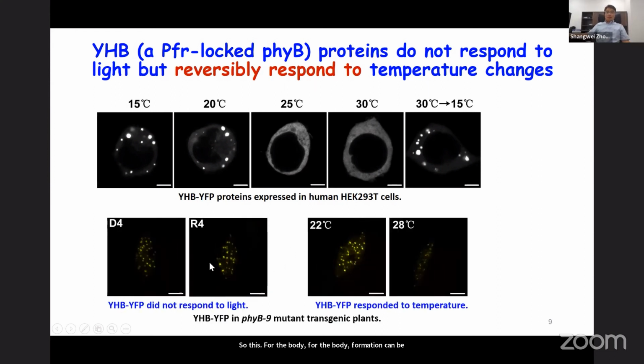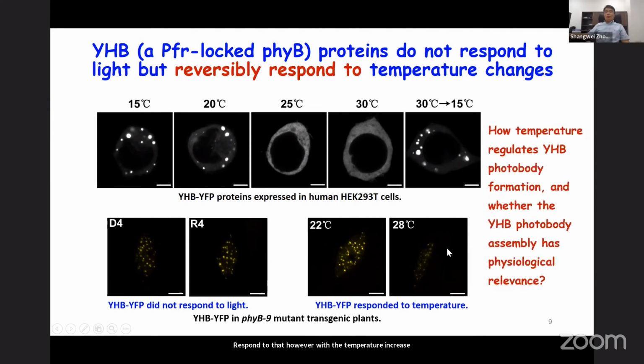We also examined the response in plants and found that YHB photobodies did not respond to light. However, with the temperature increased, the photobodies of YHB will be reduced. So there are some questions about this.